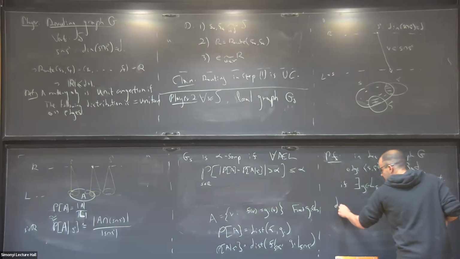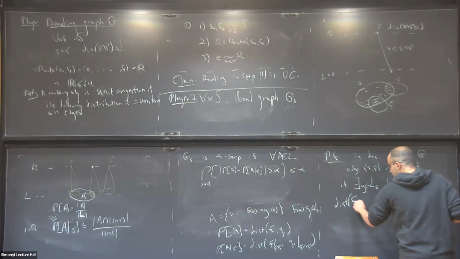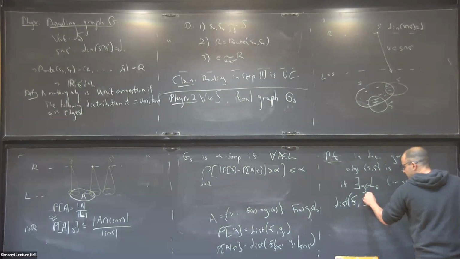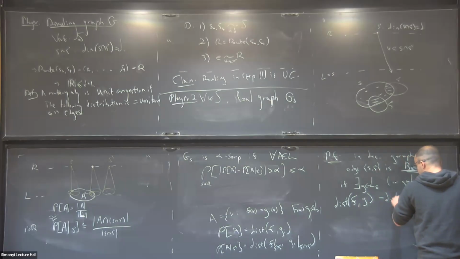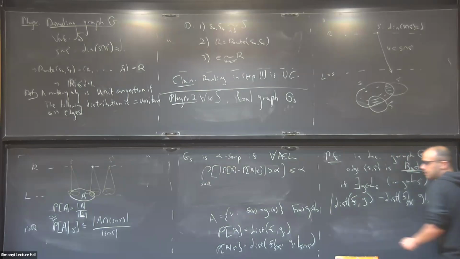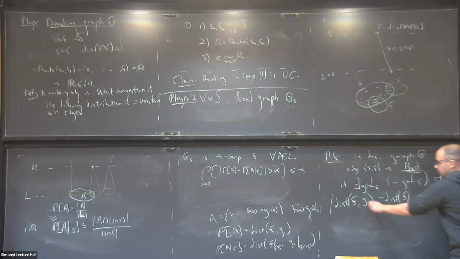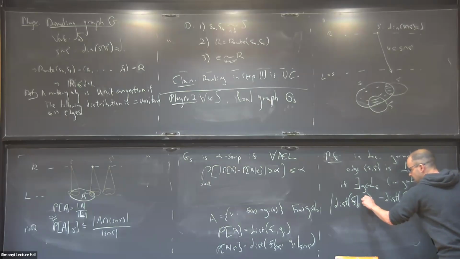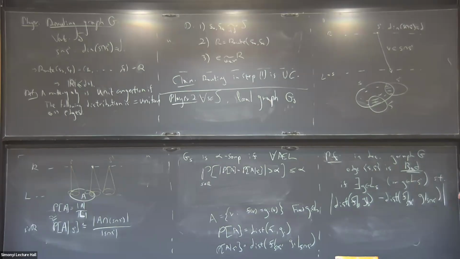such that the distance of the fixed function we're trying to decode from this function on the list, and the distance of the same two functions, but in the intersection of S and S prime, is large. To clarify, F is defined everywhere, but G is only defined on S. So when you say distance, I should write it on S. Right, thank you. So I want this distance to be large.